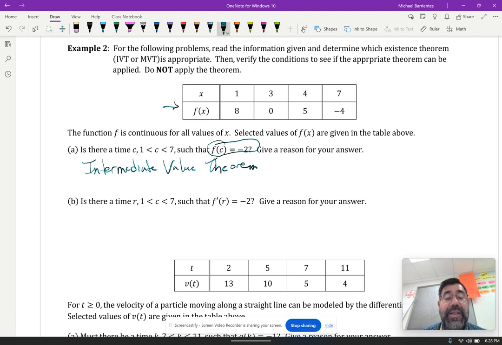It's asking, is there an input, or an x, which they're calling c, such that f of the input equals my output of -2? So it's all about the function that's given in the box. Do we have the conditions? Yes. We have the conditions because all we need is for f to be continuous on the interval.